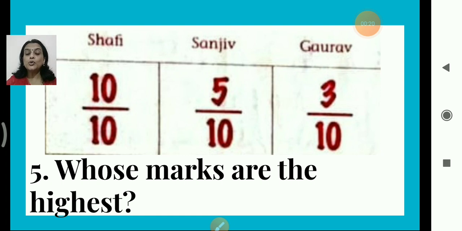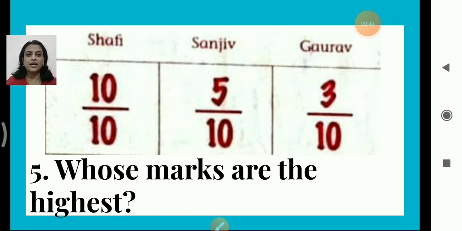Names are also given. Is it Shafi, Sanjeev or Gaurav? Come on, find out. Yes, I think it is Shafi. What do you think? Is it right? Shafi got 10 out of 10, right? And the others are 5 and 3, isn't it?